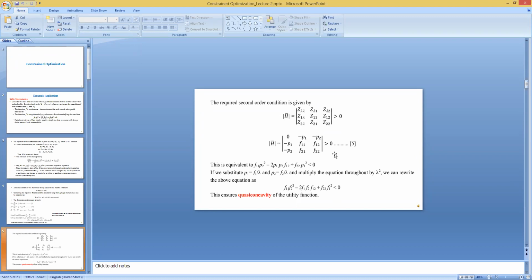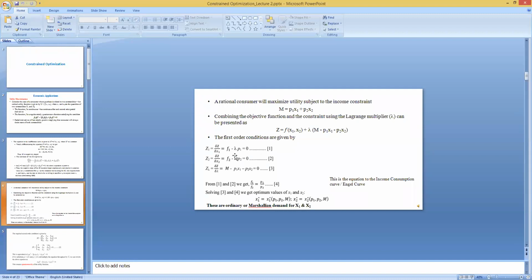Then we are finding the values for z lambda lambda, z lambda 1, z lambda 2, etc. To understand this, let's go back to the first order condition. So we are considering z11. If you consider z11, what value will you get? Del square z by del x1 square gives us f11. Del square z by del x1 x2, that is z12, what is the value? f12. Everybody? Yes.